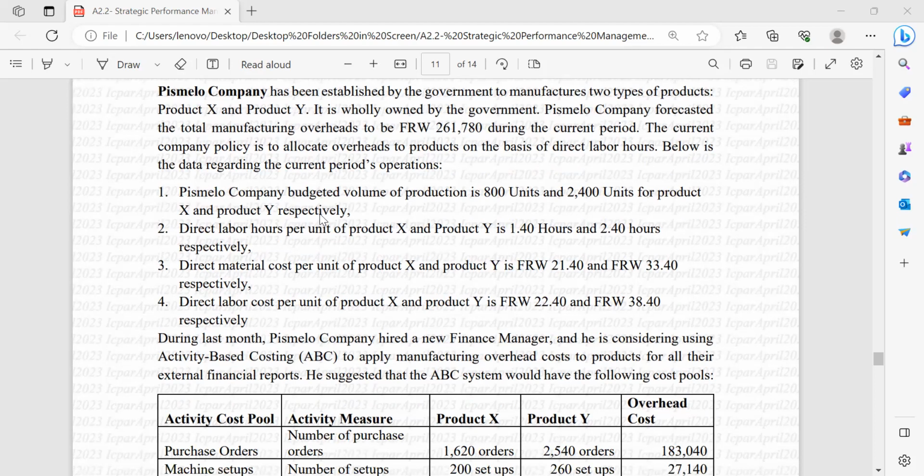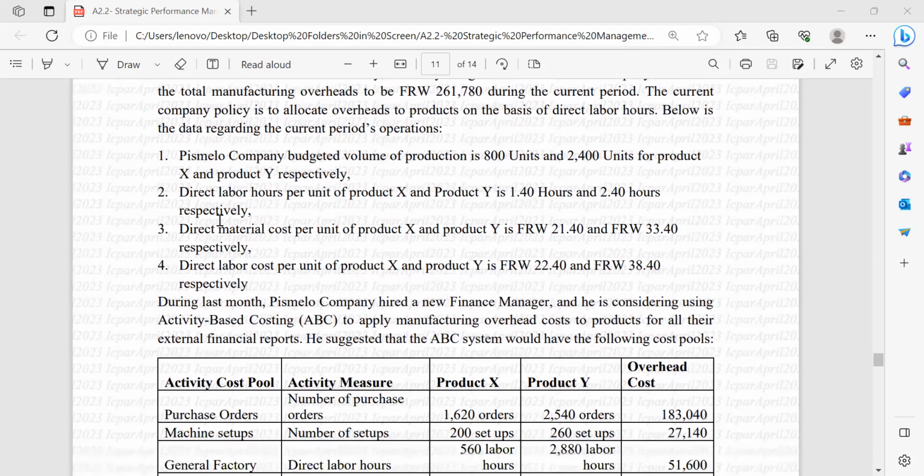And number 2 information, they say that the direct labor hours per unit of product X and product Y is 1.40 hours and 2.40 hours respectively, which means one is for X and another one is the direct labor hours per unit for product Y. Then the direct labor cost per unit of product X and product Y is 21.40 and 33.40 respectively.